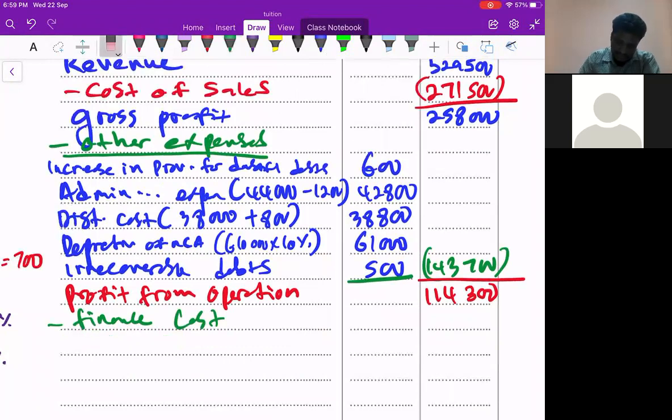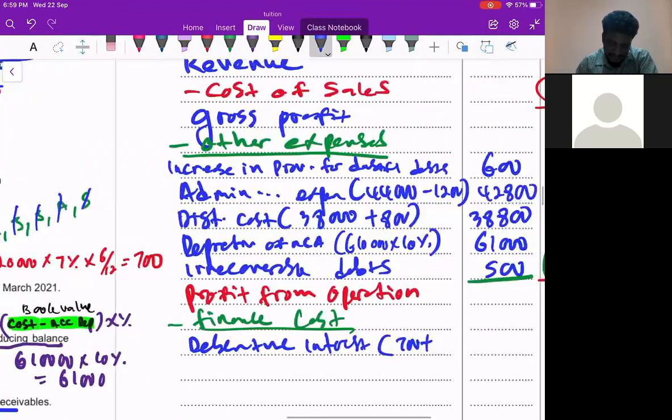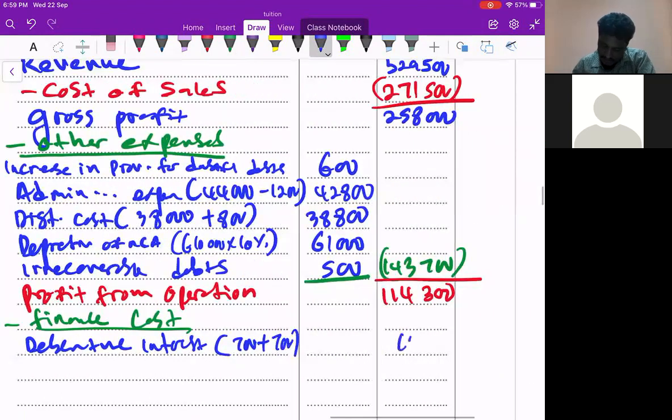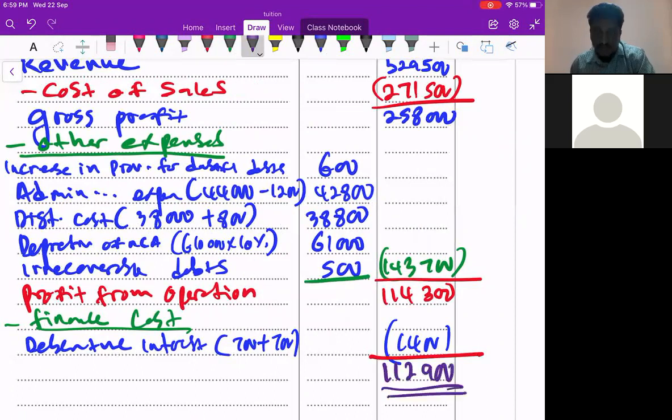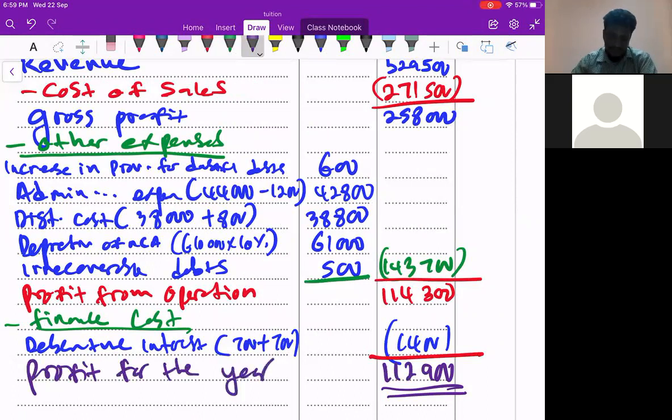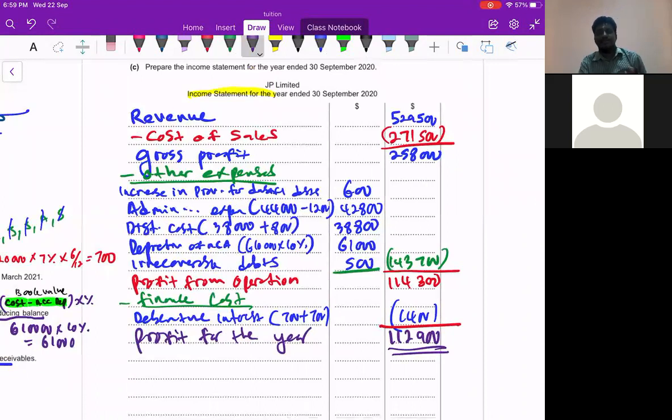The finance cost you minus with debenture interest, 700 plus 700, 1,400. 114,300 minus 1,400, I get 112,900. 112,900 is my profit for the year. This is how we do the income statement.